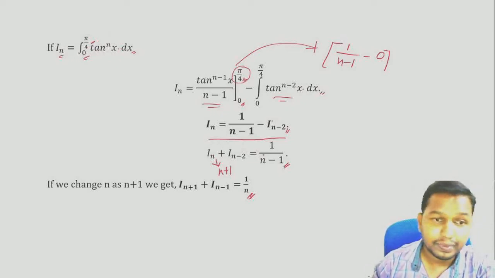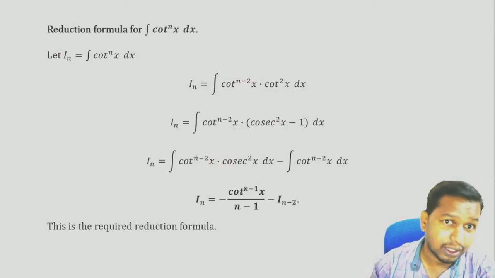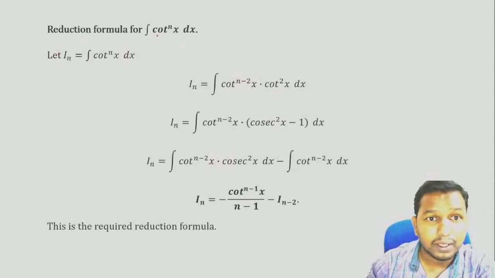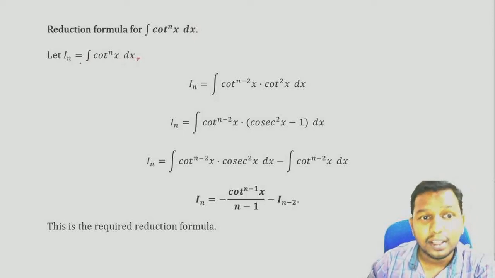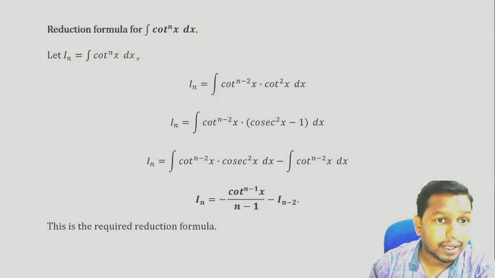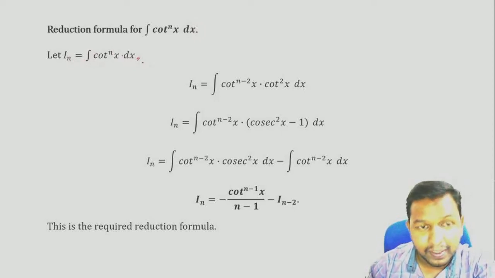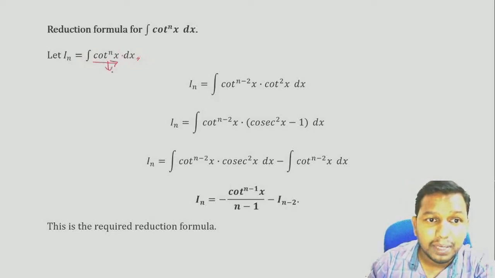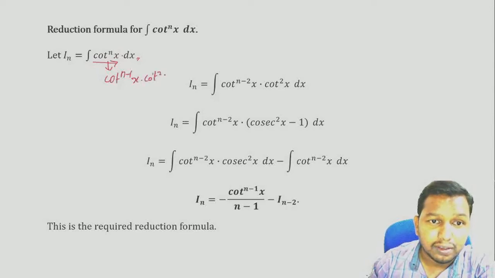Next, one more reduction formula, that is, the reduction formula for the integral of cot^n x dx. As usual, as we took I_n for tan^n x, here also we take I_n as the integral of cot^n x dx. Similar to tan, we split cot^n x as cot^(n-2) x into cot^2 x.